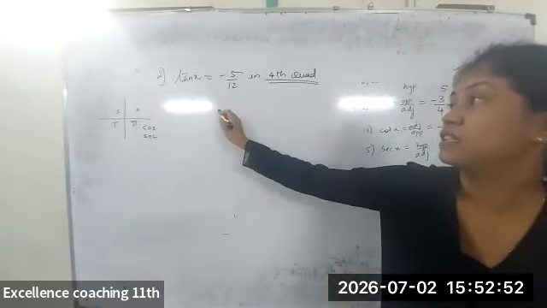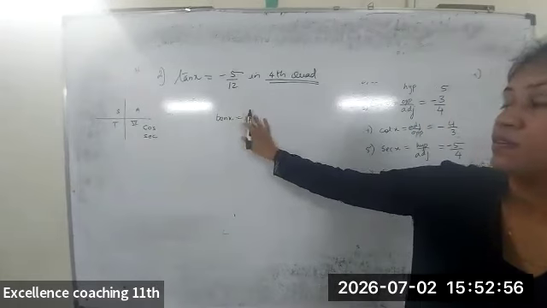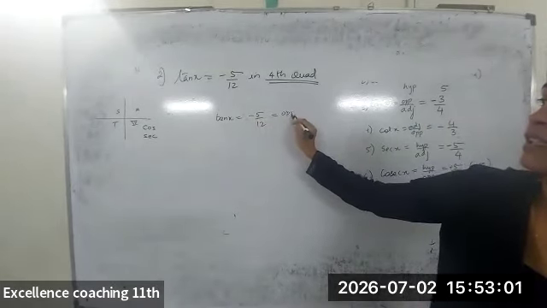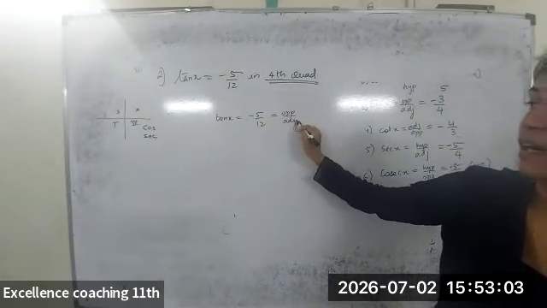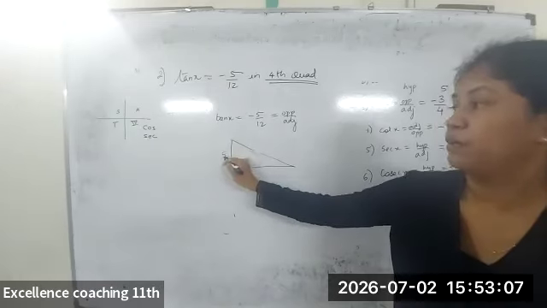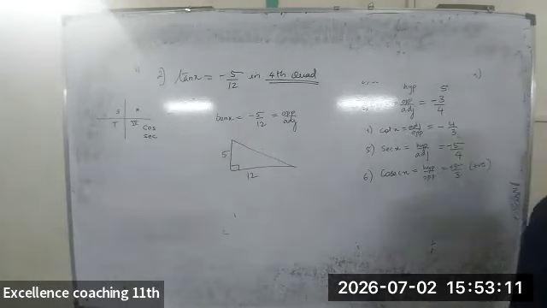So start with this. Opposite. While putting, put only positive values. Now we are finding the hypotenuse.